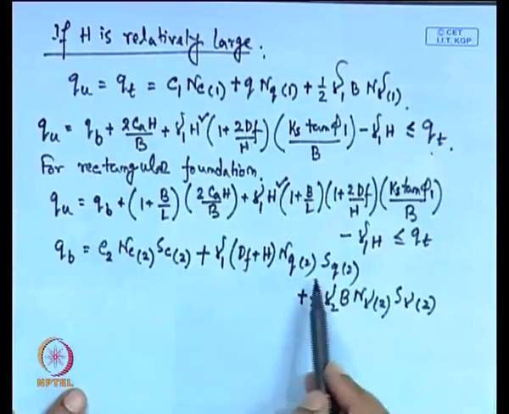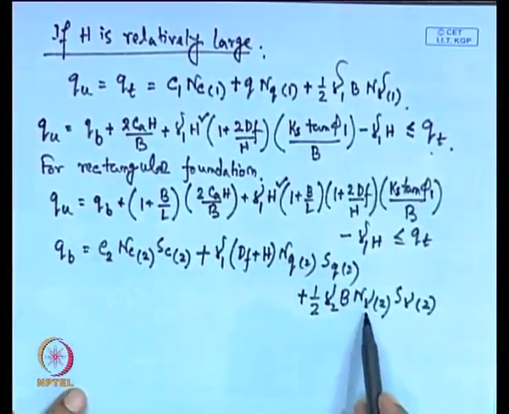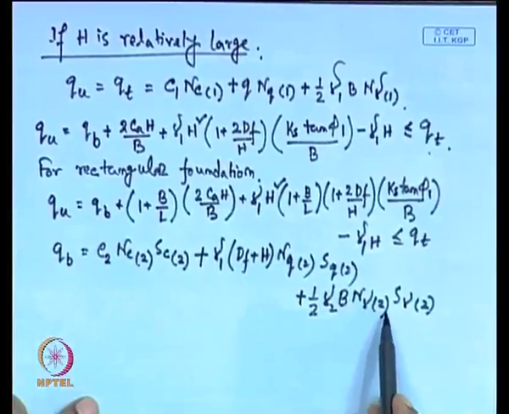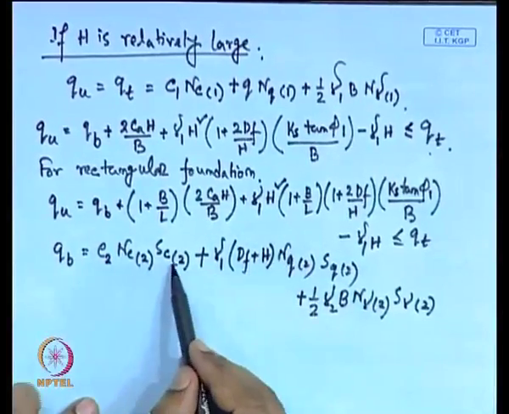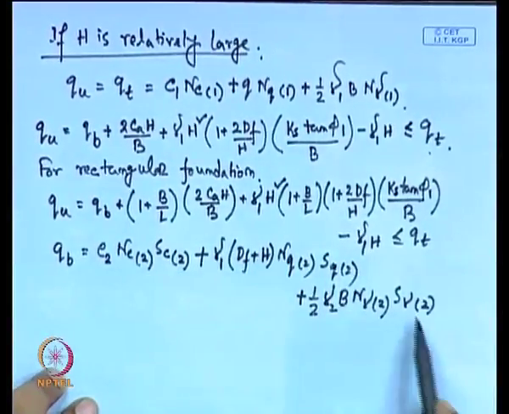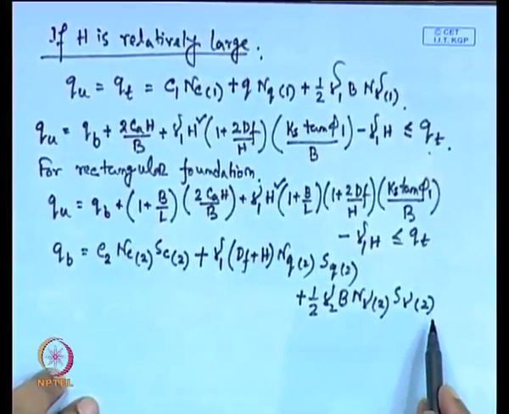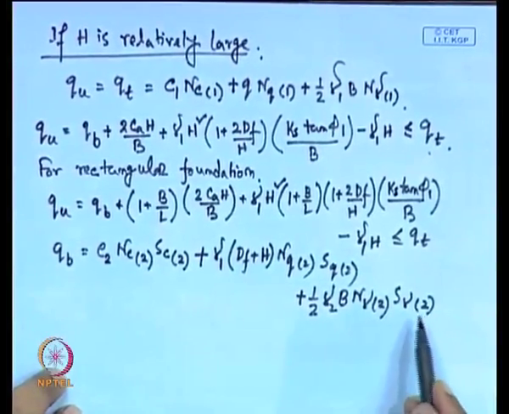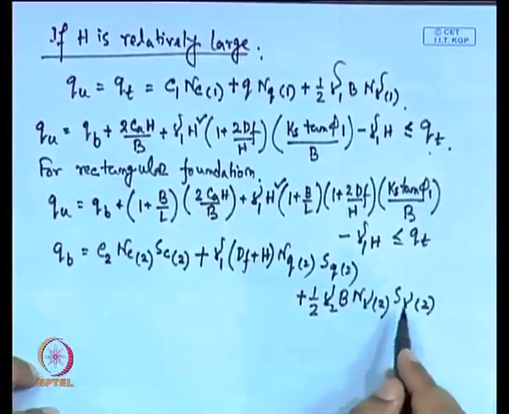So, this Nc2, Nq2 and N gamma 2 are the bearing capacity factors, and Sc2, Sq2 and S gamma 2 are the correction factors for shapes, or shape factors.